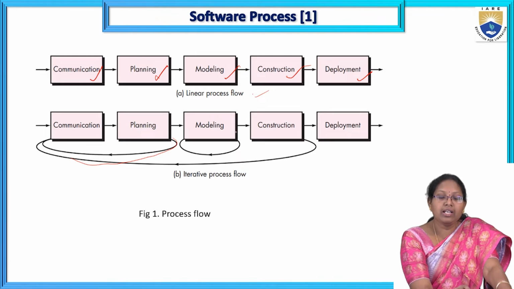In this way, communication, planning, as well as modeling. Once the modeling is completed, again do the models for another kind of subsystems or other modules. Once the modeling is over, then go for construction.